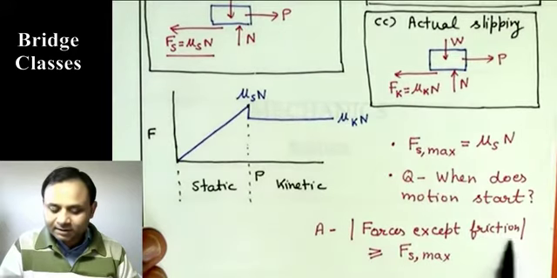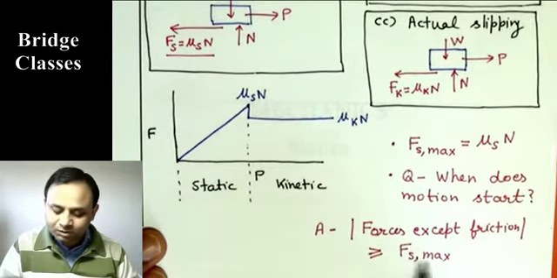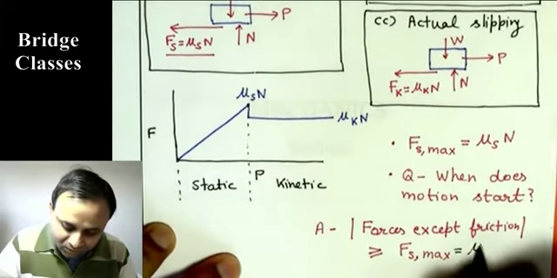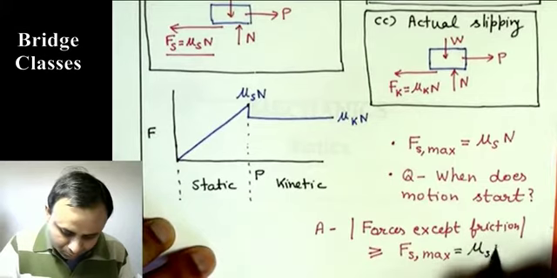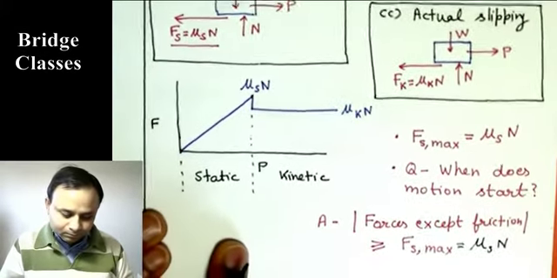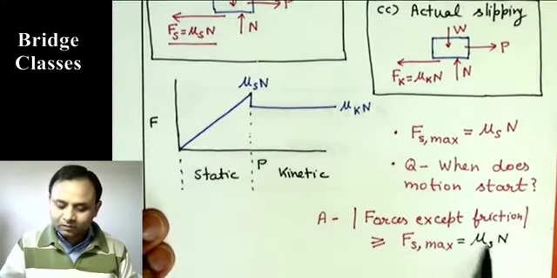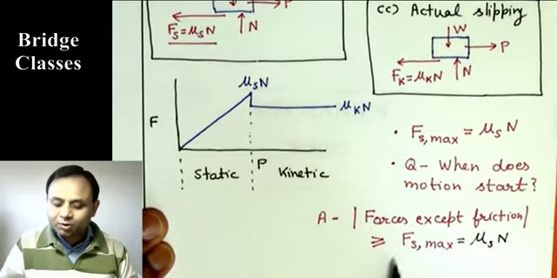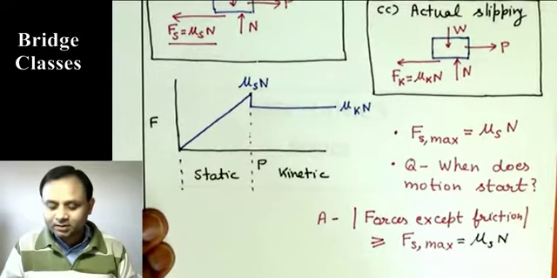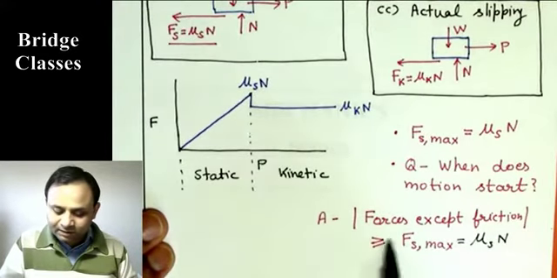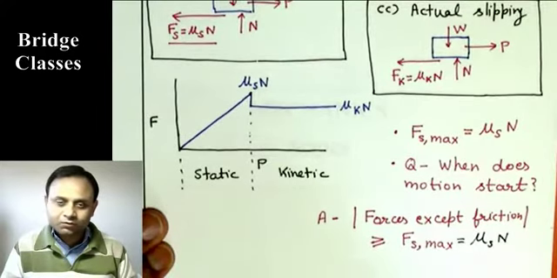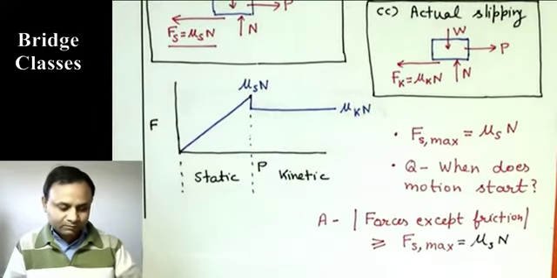So if the forces that are trying to move are greater than the maximum friction that is possible, that is static friction maximum, which is mu s N, then the body is going to move. If we have equality here, then the body is on the verge of moving, and if these forces are less than this, then the body is not on the verge of moving. So it's very simple.